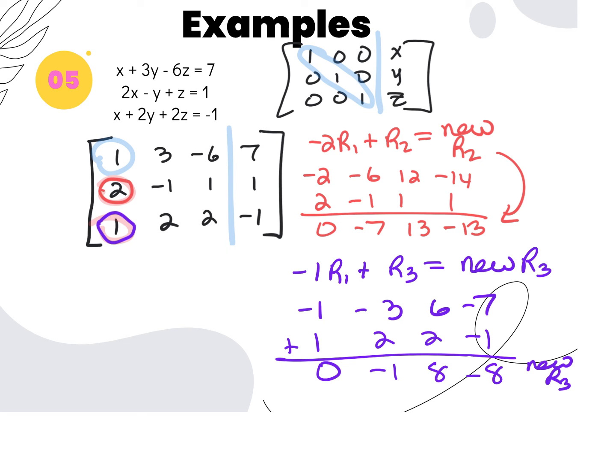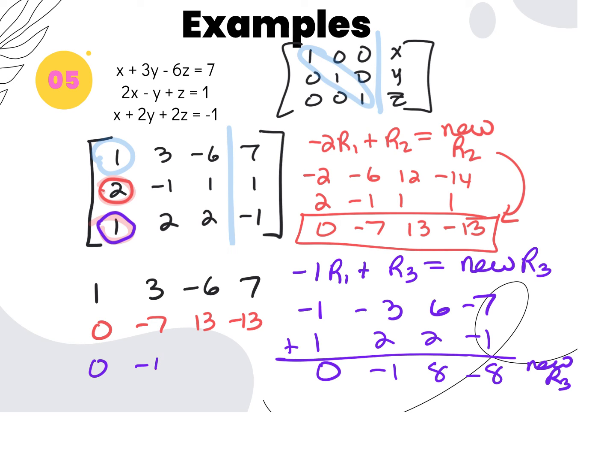So let me rewrite my matrix. Row 1 stays the same. Row 2 became the 0, the -7, the +13, -13. So this right here. Then the purple is my new row 3. All right, now that my first column is done, I now can shift over and I need to start working on my second column.